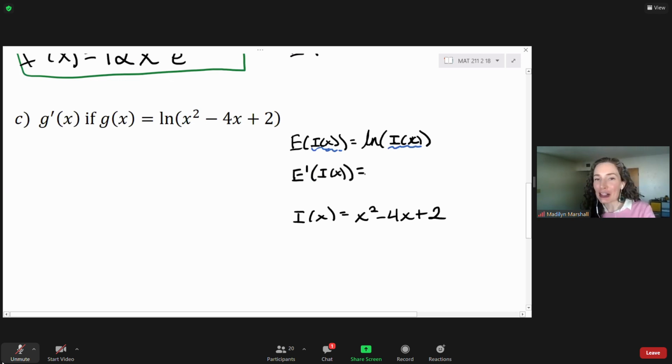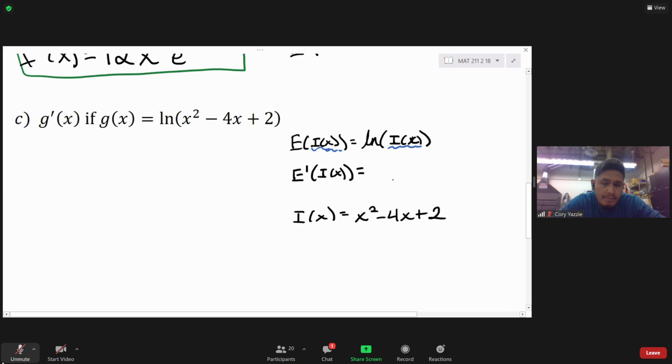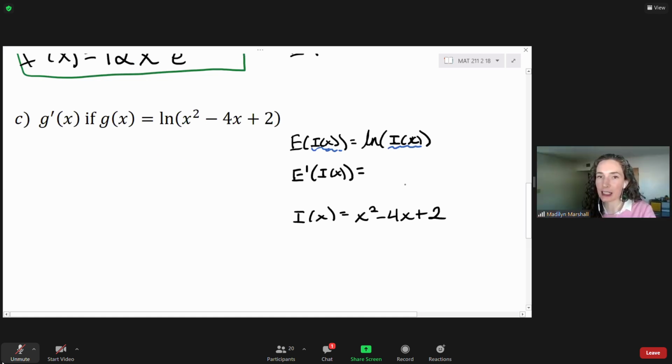So if our exterior is natural log of I of x, what is the derivative of the exterior? Well, in this case, we don't have an e. So it's only the same if we have e to the something. So it's going to be 1 over x. Yeah, 1 over x, yes, exactly. So you both said the same thing. So we'll have 1 over I of x.